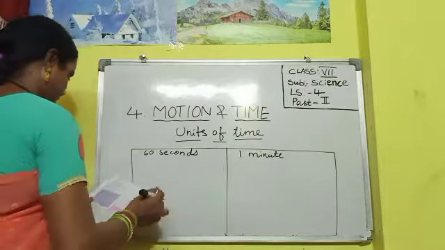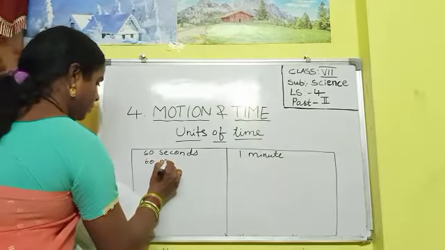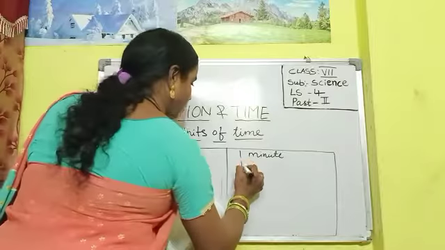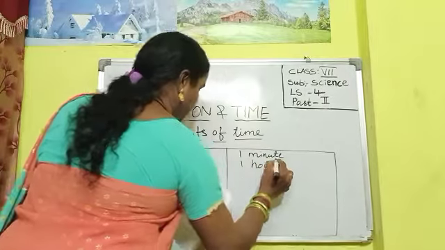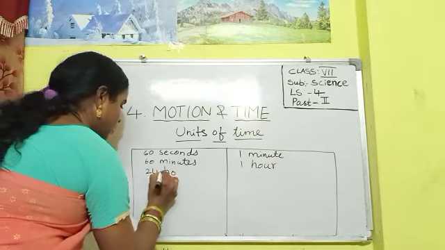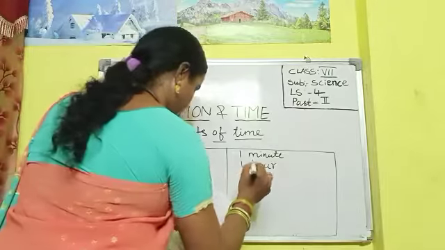Okay. Then 60 minutes. 60 minutes means 1 hour. 24 hours. 24 hours means 1 day.